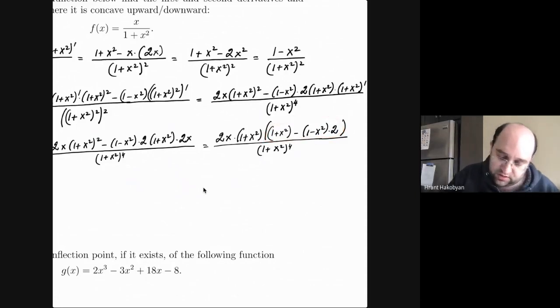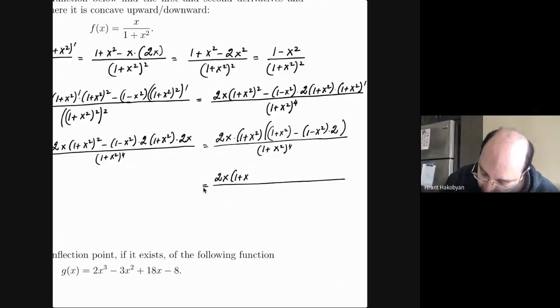That's going to be 2x times (1 plus x squared) times, I have 1 plus x squared minus, and here I'm going to multiply the 2 throughout, so I'm going to get minus 2 and then plus, because of these minuses, plus 2x squared. Minus 2 plus 2x squared.